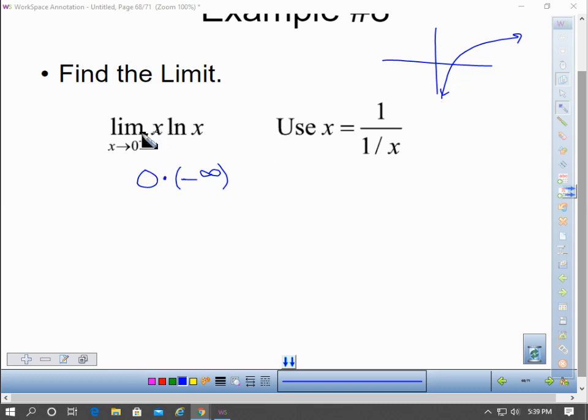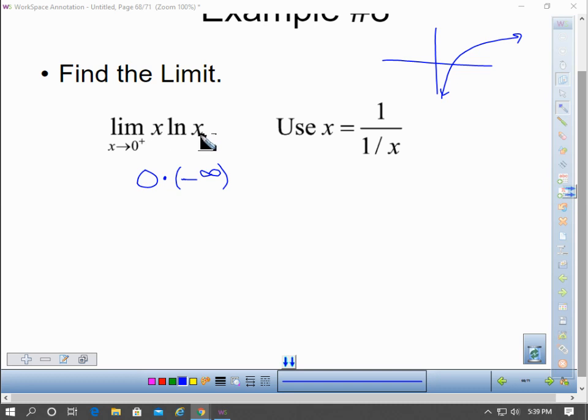So this ends up being, with direct substitution, 0 times -infinity, which is an indeterminate product, okay? So what did they tell us to do when we had an indeterminate product? They told us to rewrite it as a quotient. So you want to write one of your expressions as a reciprocal. So you want to divide by reciprocal.